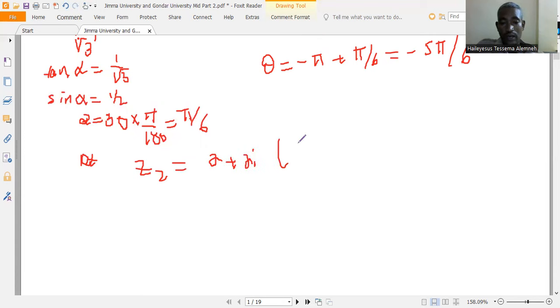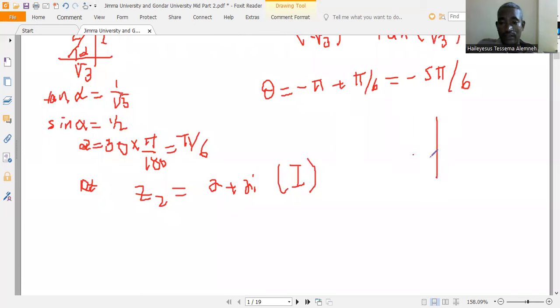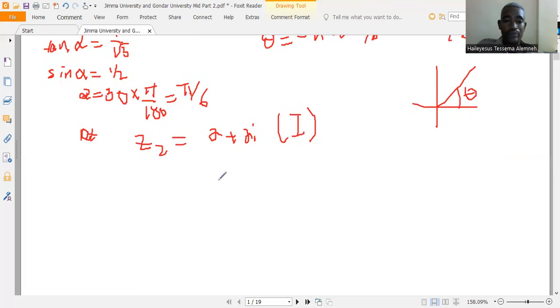Clearly 2 plus 2i is in the first quadrant, so the argument of the complex number is theta itself when it is in the first quadrant. So theta is equal to the argument of z2.